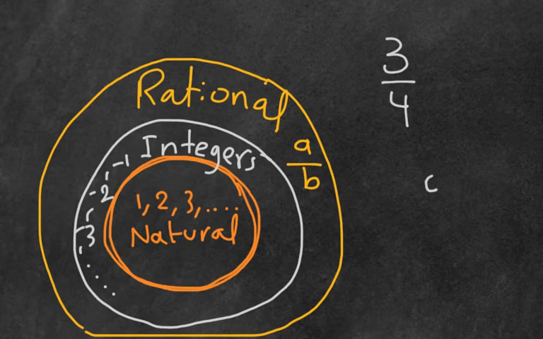If we have 2, it's natural. Can we say it's an integer? Yes, because natural is a subset of integers. And can we say 2 is rational? Yes, because natural is a subset of integers and rational, and we can write it as a fraction. There is no denominator, so it's 1. 2 over 1 is a fraction, so it's rational.